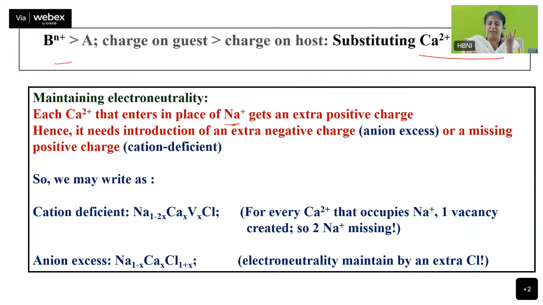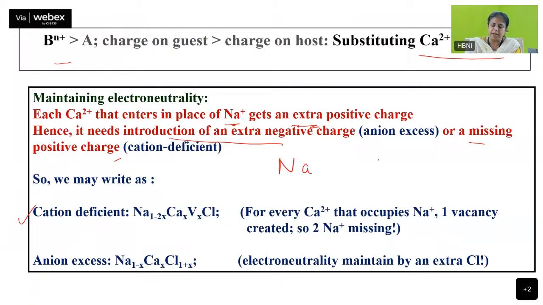That is, every calcium is getting 1 extra positive charge, right? That means I need to introduce 1 extra negative charge, or I can just remove 1 positive charge.